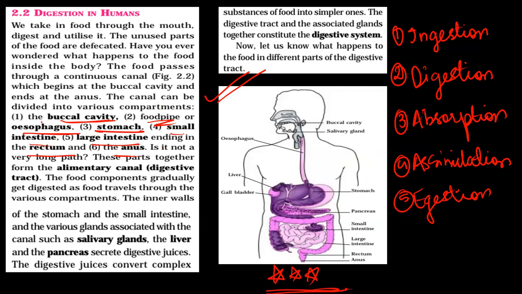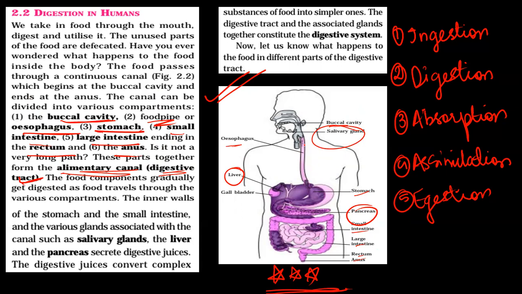Now, these parts, that is buccal cavity, esophagus, stomach, small intestine, large intestine, rectum, anus, I can mark it here, they form the alimentary canal or the digestive tract. These are known as the organs that come in the digestive tract or the alimentary canal. Now you can see that we have liver, pancreas, salivary gland.